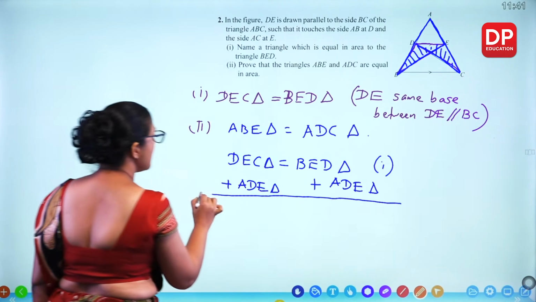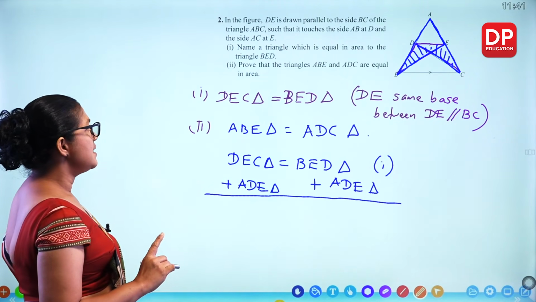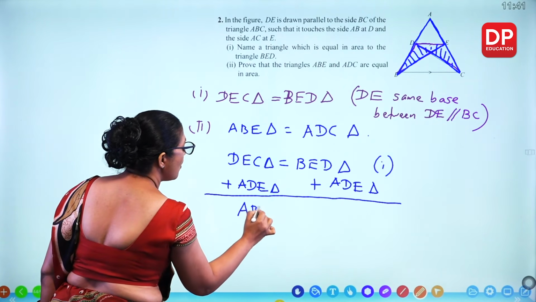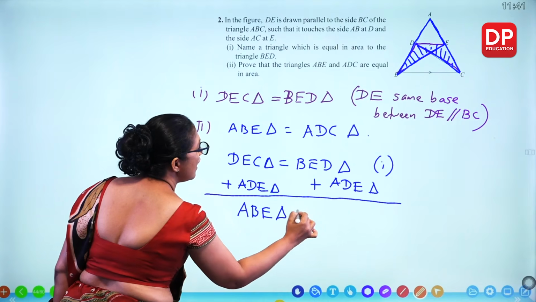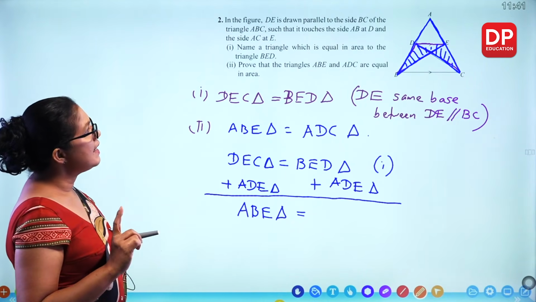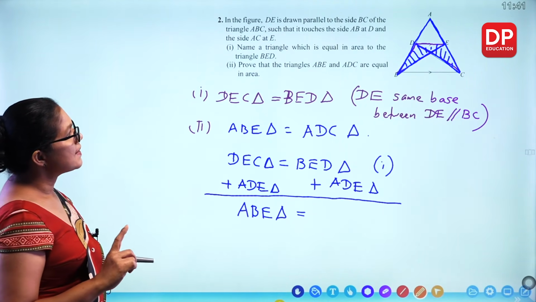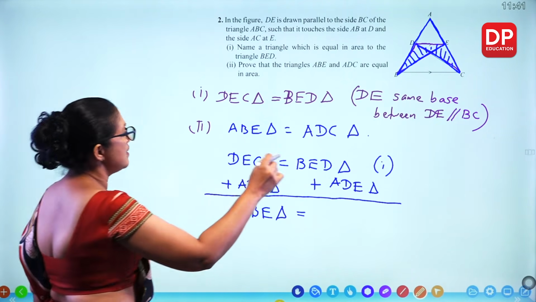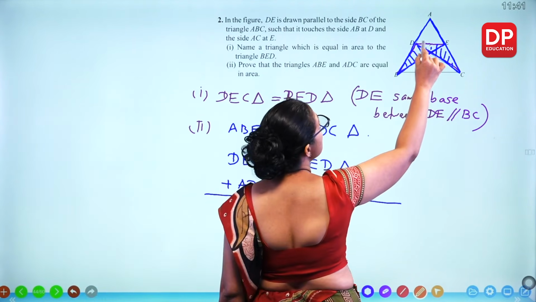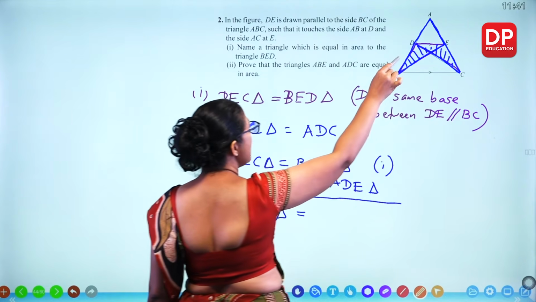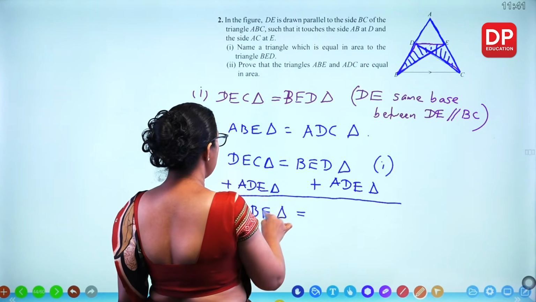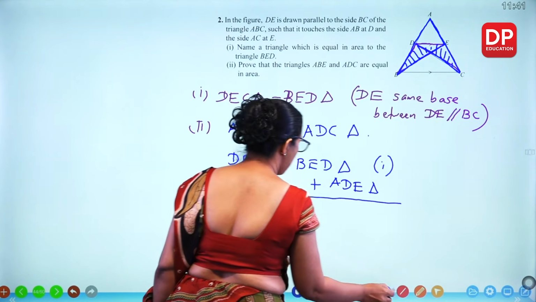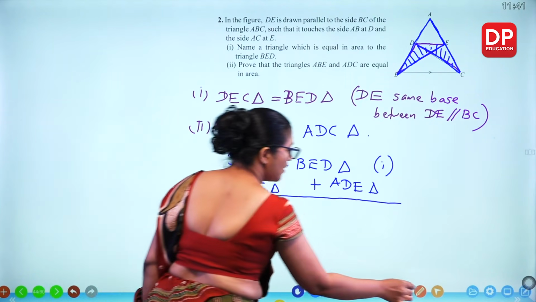Then what happens? When I add triangle ADE, I'm getting triangle ABE on this side. And what about the other side? BED plus ADE, I'm getting ABE.